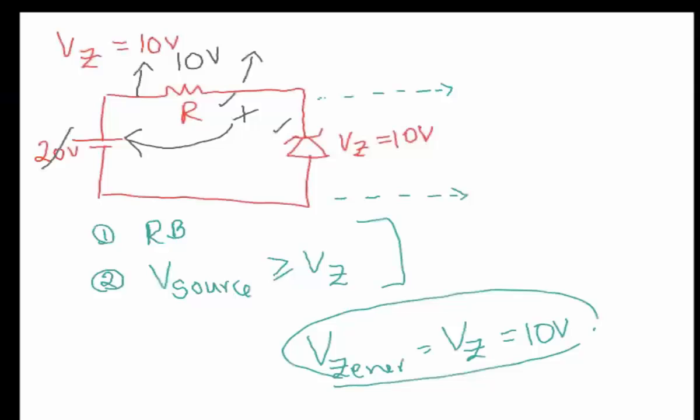If the source voltage is changed to 9 volts, what is the voltage on the Zener?